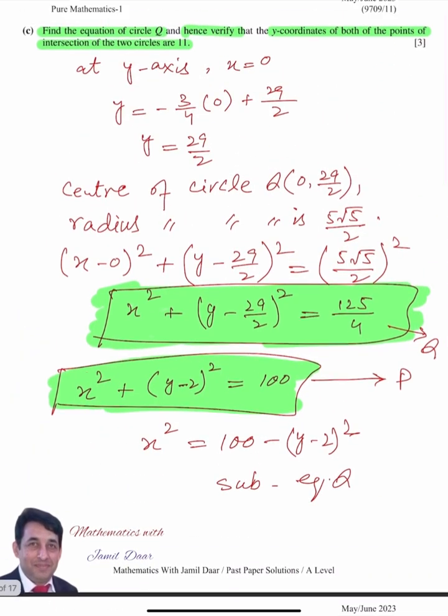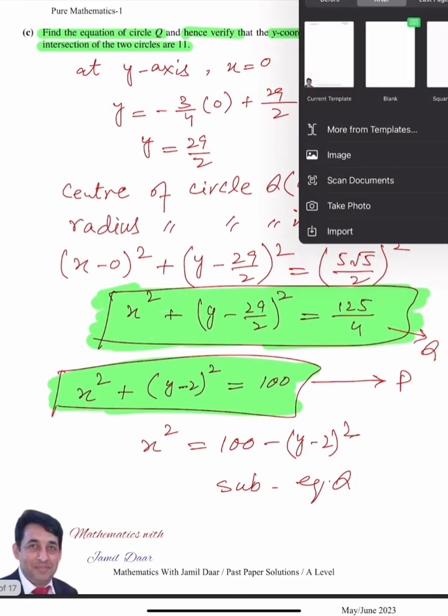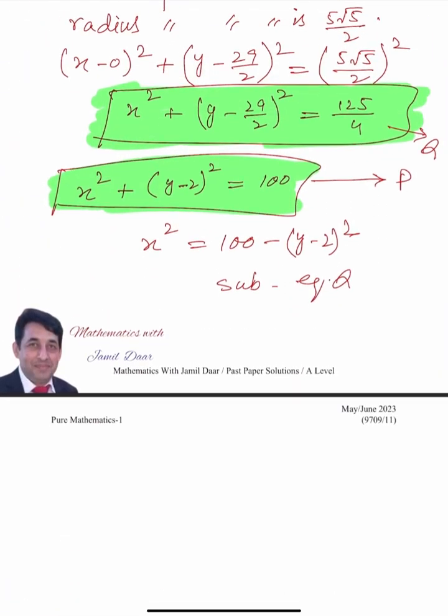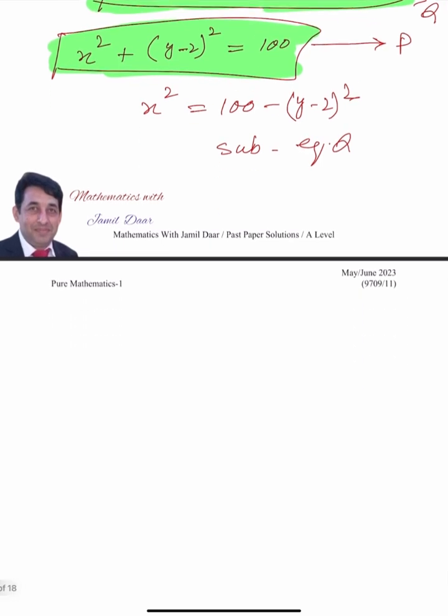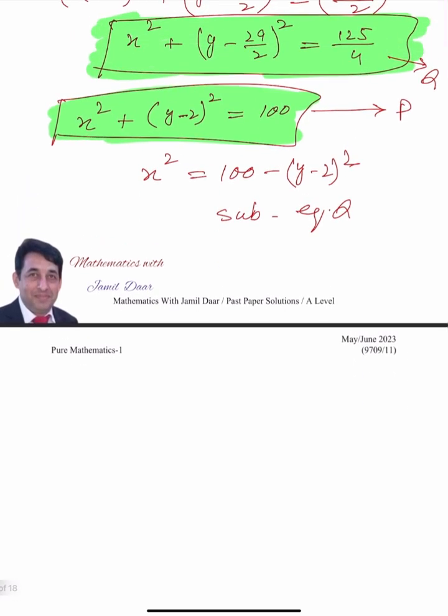Okay, let me add the page. Substituting in equation Q, that will become 100 minus (y minus 2) whole square plus (y minus 29 over 2) whole square is equal to 125 over 4.